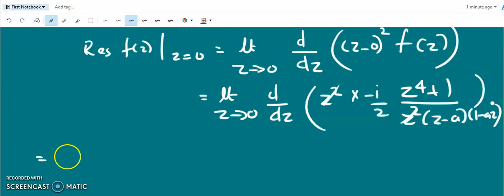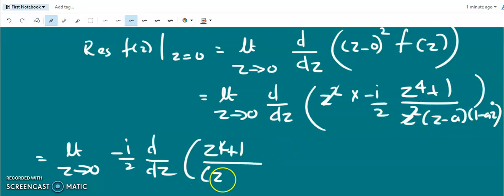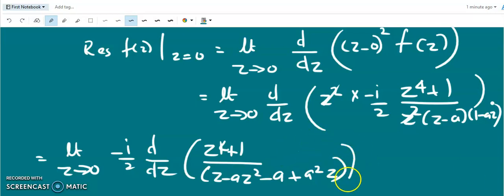Okay, so this z square got cancelled and minus i by 2 can be taken outside. So this is the limit z goes to 0 of minus i by 2 d by dz of (z to the power 4 plus 1) divided by the product. For the easiness of the differentiation, we can multiply those two terms to get z minus a z square, then minus a plus a square z. Okay, so this is the derivative of a fraction.